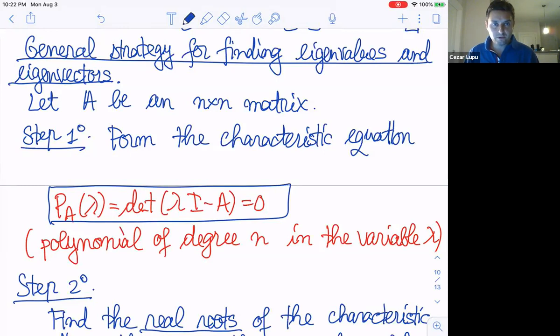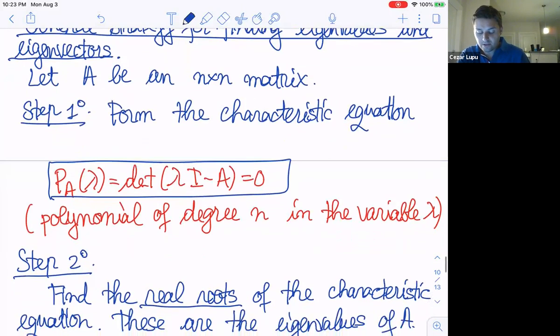If I have an n by n matrix, with n rows and columns, then the first step is to form the characteristic equation, which is setting the characteristic polynomial, of degree n, to 0. The characteristic polynomial is given by P_A of lambda, which is the determinant of lambda times the identity minus the matrix A, equals 0. So this is step 1.